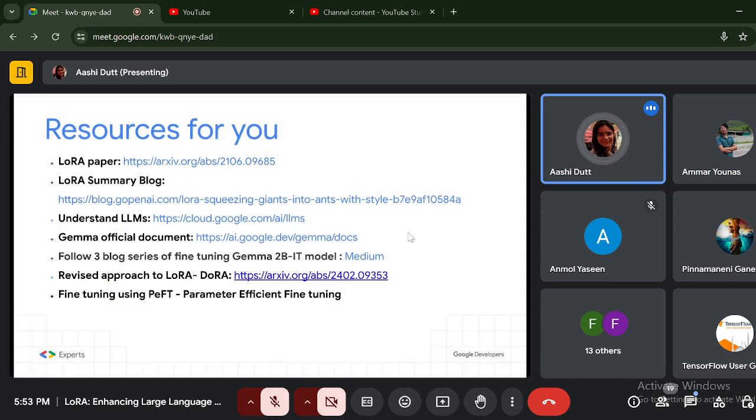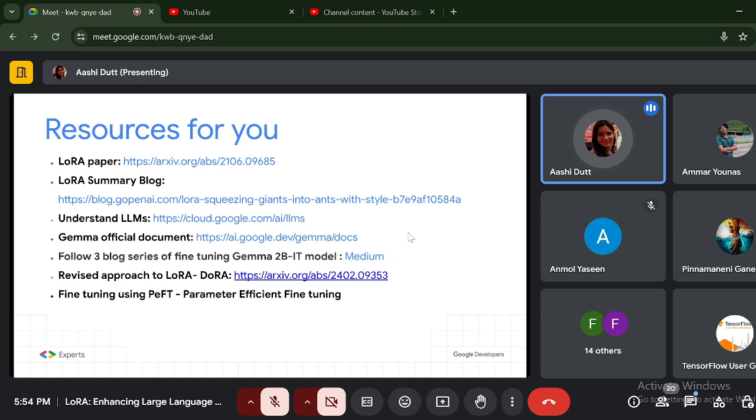Here are a few resources for you. You can go ahead and read the LoRA paper. You will understand how the weights are updated in LoRA and how to fine tune your model using LoRA. A bit of background on the transformer model is very important. You can also see a summary blog of LoRA that I wrote myself, and then you can understand LLMs.